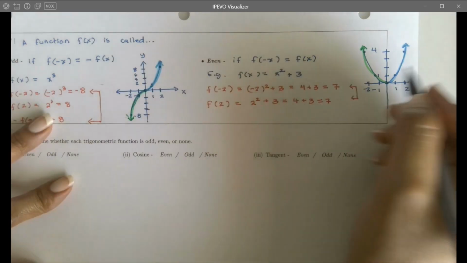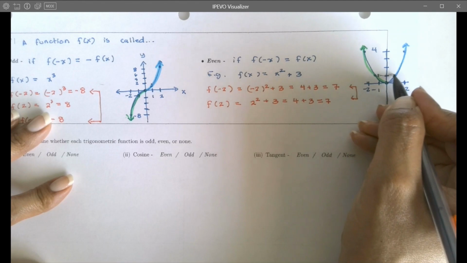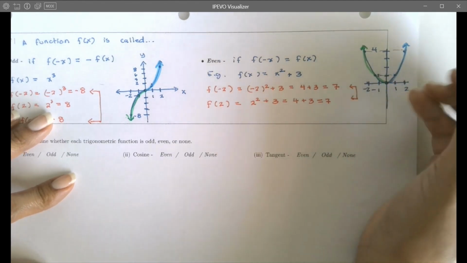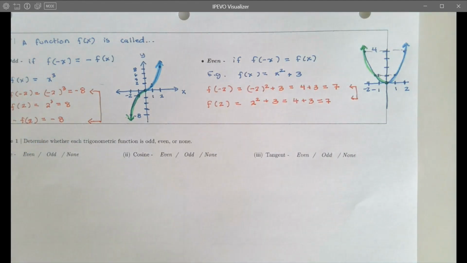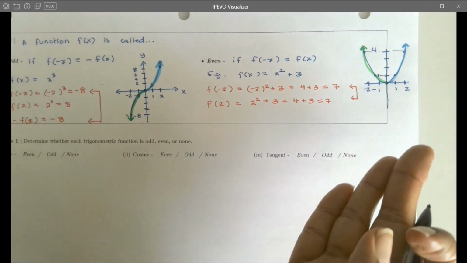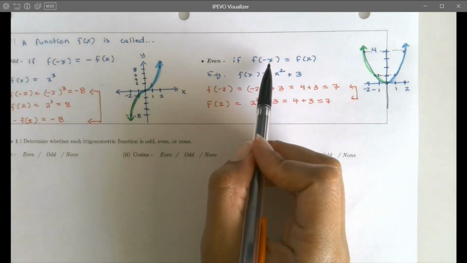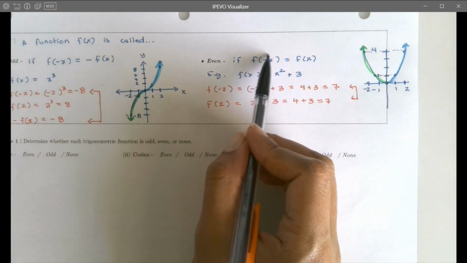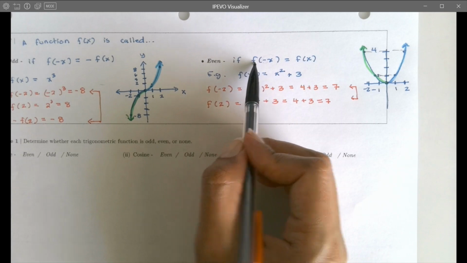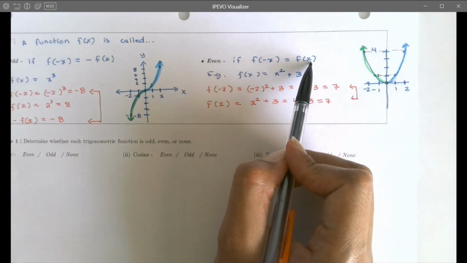These points reflect each other. It's true about x squared, but the same is going to be true about any even function, because by definition, if you take the negative value and plug it into f, you'll get the same thing as the positive value.